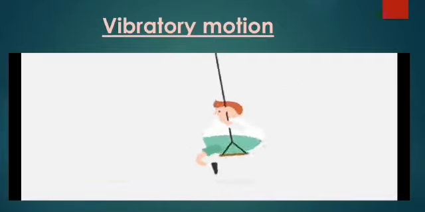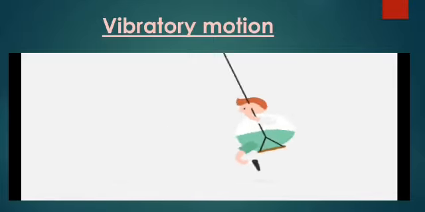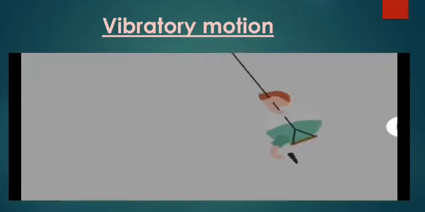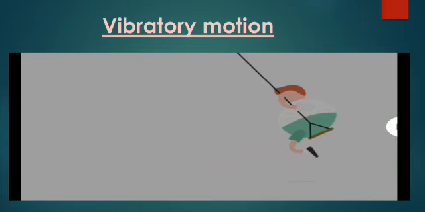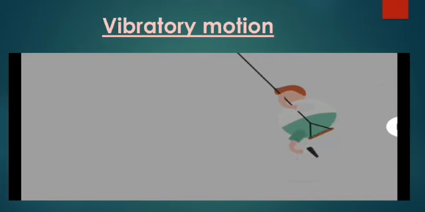The person on the swing moves with the swing about its mean position. Remember, the motion which is vibratory must repeat itself after a certain interval of time.